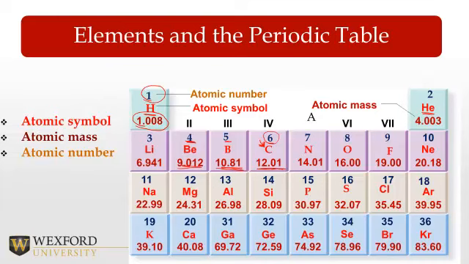Not always though. Sometimes there are isotopes of carbon which make it slightly larger. In which case, if we take an average altogether, the average atomic mass of carbon found is 12.01.